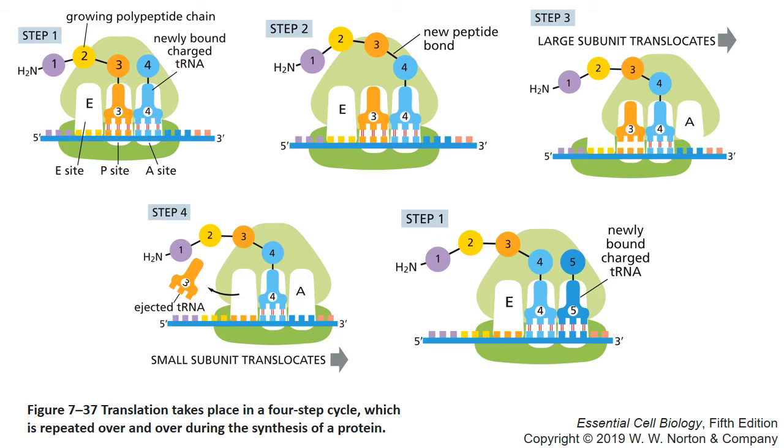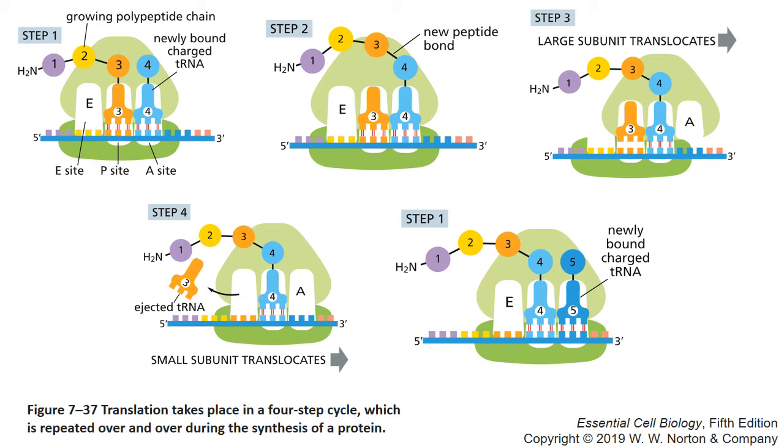So you're going to have different players and different events that are going to be needed to get that done. So let's walk through our steps, and then I'll tell you exactly where each of these events fall into initiation, elongation, or termination, okay? So we'll pick up on that in just a little bit more.